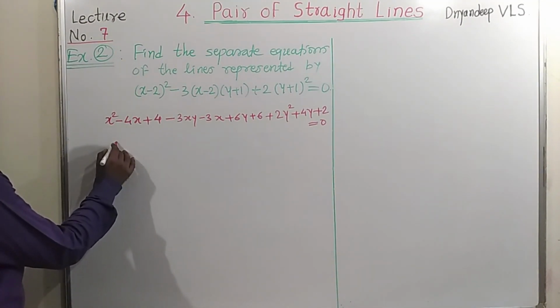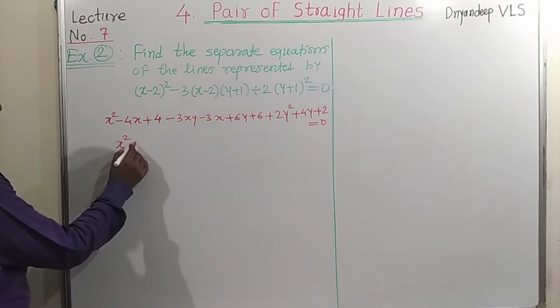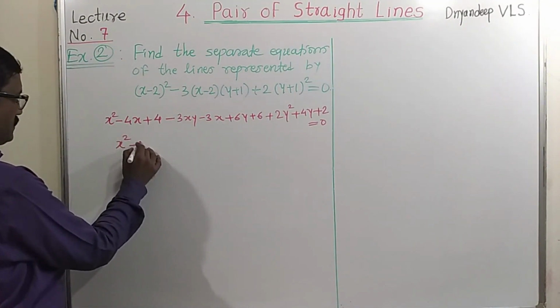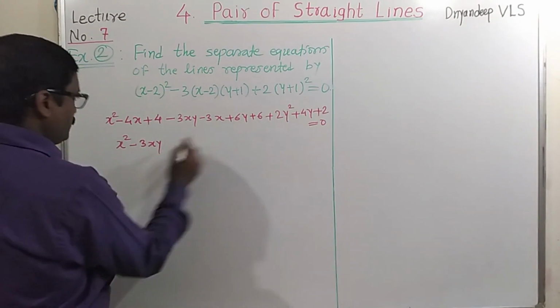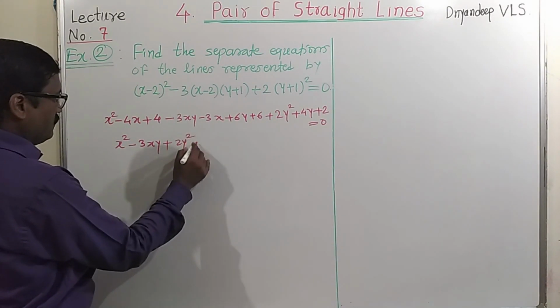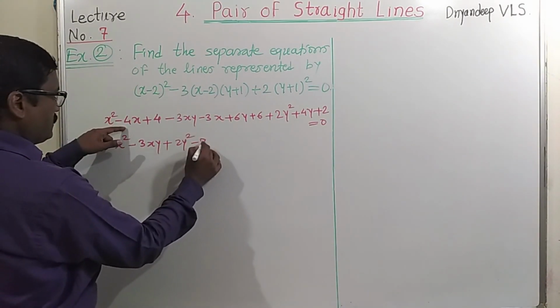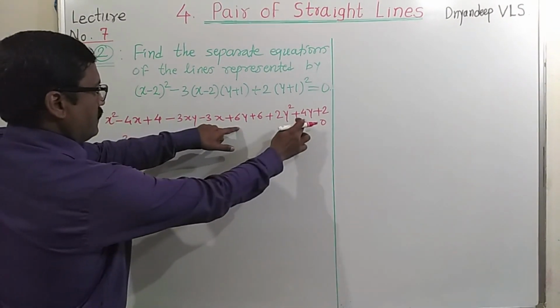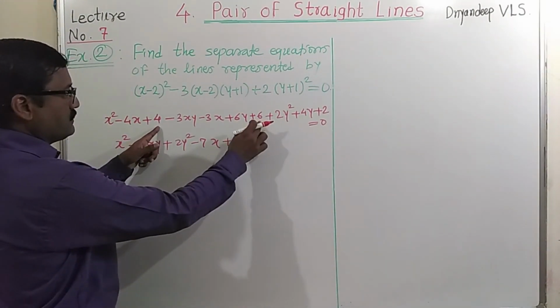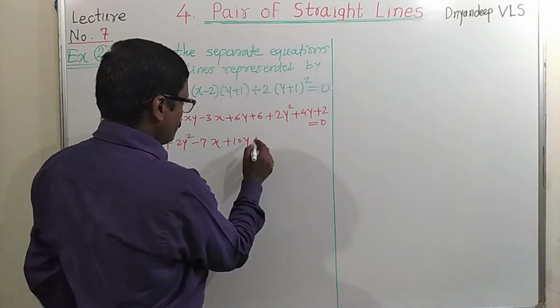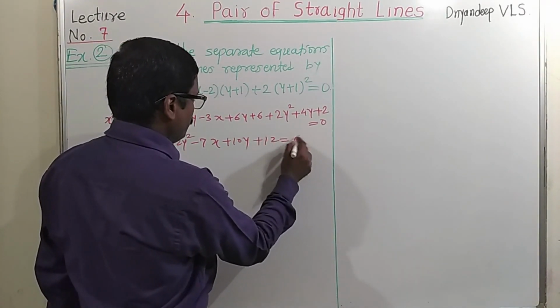So after simplification, we have this equation as x square minus 3xy plus 2y square minus 7x plus 10y, and constant is 4, 6, 10 plus 2, that is 12 equal to 0.